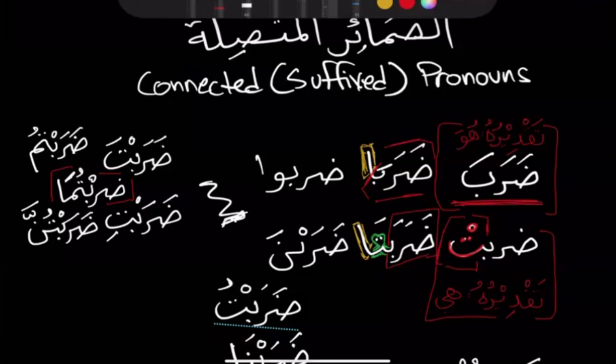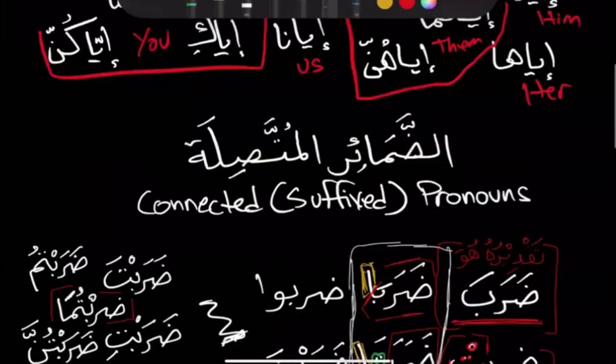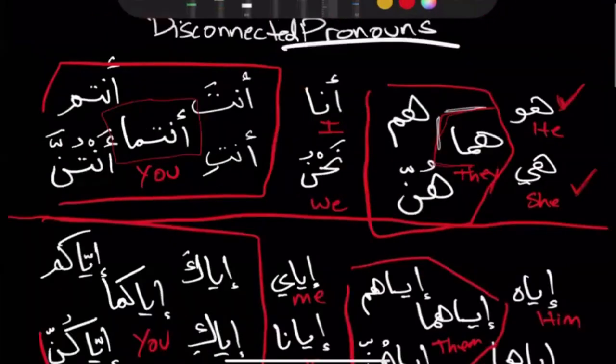And what happened here is that since we needed, in this case of the verb, a sign of femininity, then these two cases here, daraba and darabata, they both became the one that refers to huma. Is huma masculine or feminine? So we say huwa, you're going to say daraba. Huwa daraba. Here, you're going to say darabat.